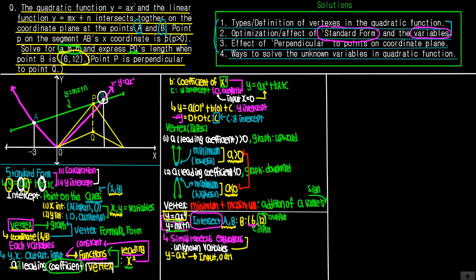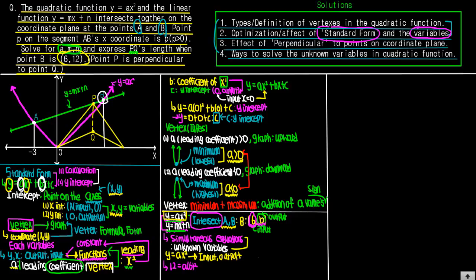This is our strategy to solve this. Which means when we input our value as 6, we need to get an answer 12. Then we're isolating our value a. So let's do it. When the y value, which is 12, is equal to a times x, instead of x, we input 6 squared.